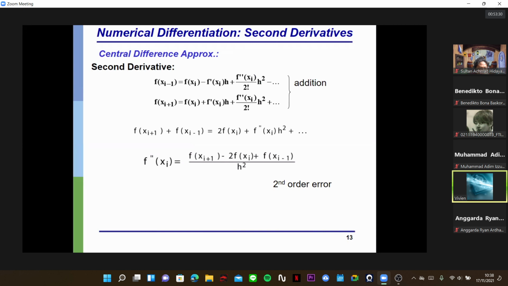Okay, so this is one way to solve an ODE, and this is using the forward scheme.